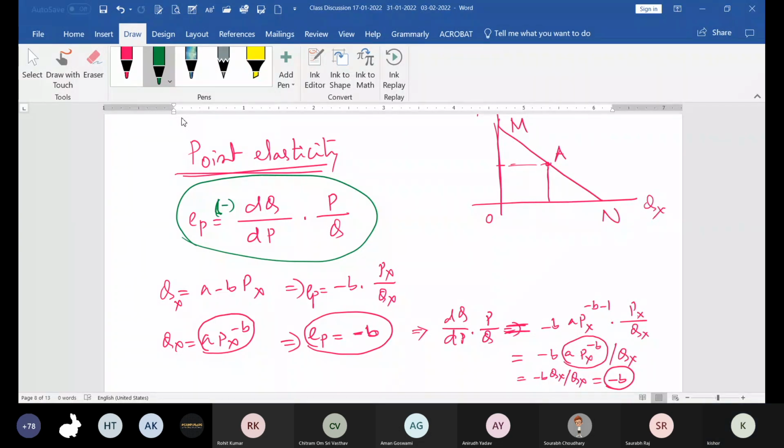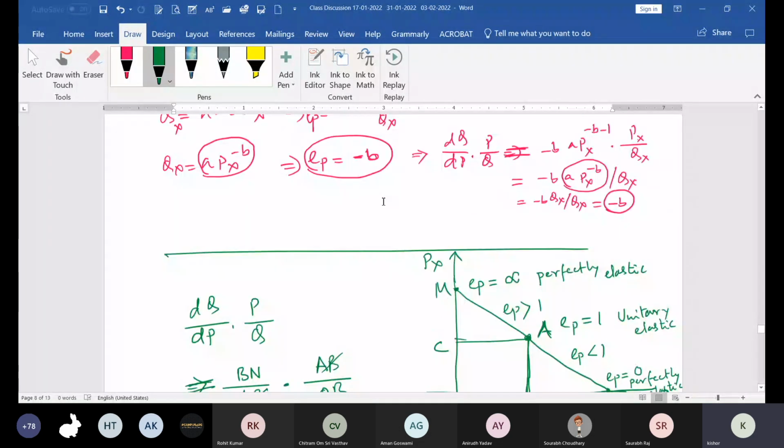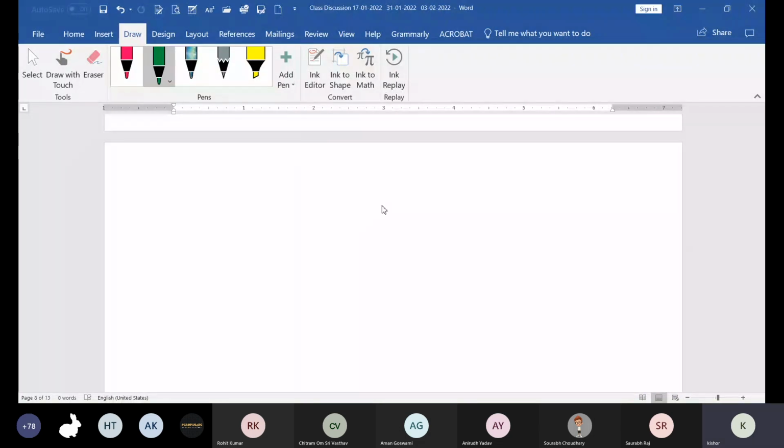Okay. See, in our example earlier, suppose your demand line is Q equal to 100 minus 5P, and supply is, suppose, QS equal to something.